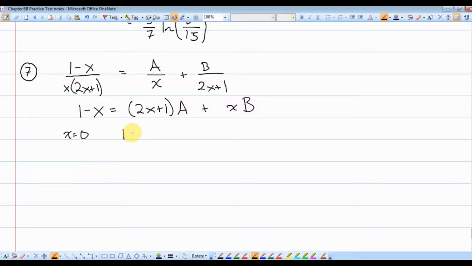Good. 1 minus 0 equals 1a, so a equals 1. Give me another value for x, so that the a term becomes 0. Negative 1/2. So 1 minus negative 1/2 is 3 halves.